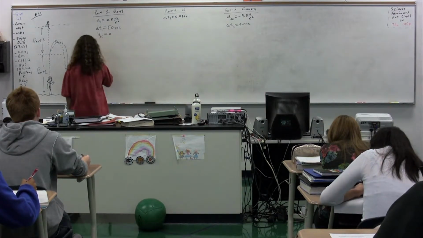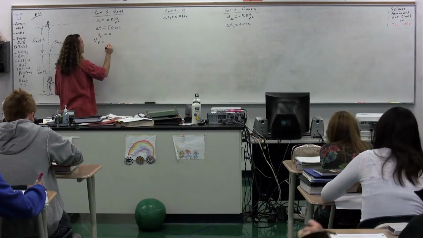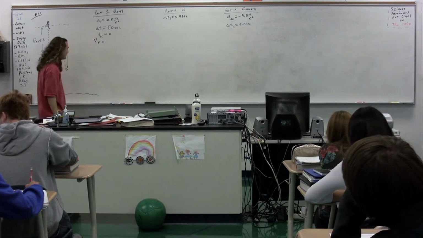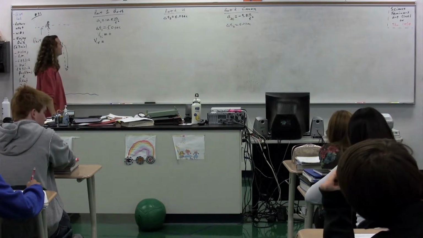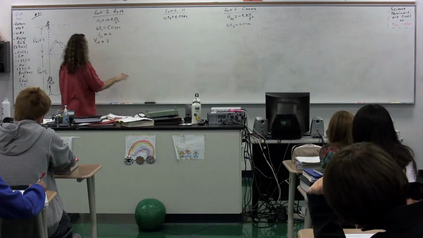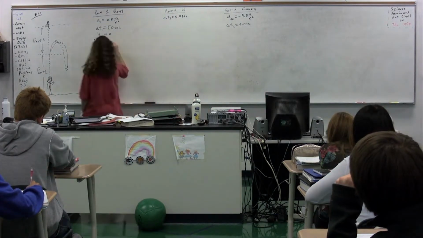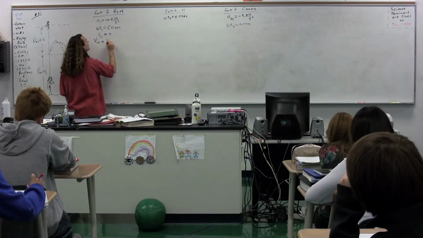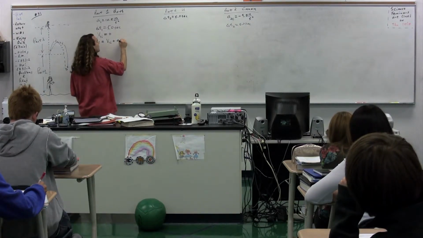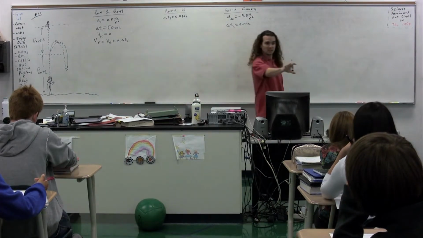So if we solve for part 1, you find velocity 1 final is equal to velocity 1 initial plus acceleration 1 times change in time for part 1. Great. There's one more variable.